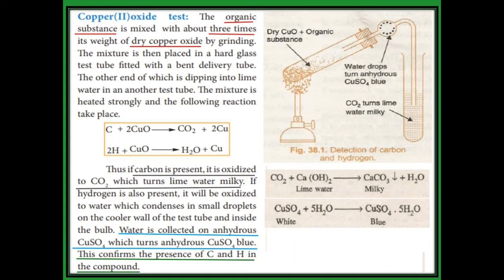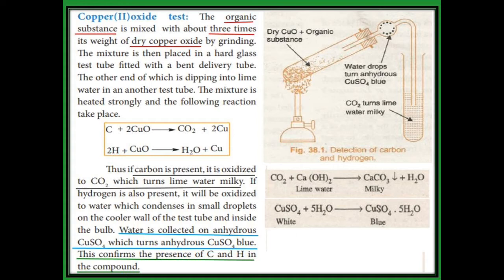See the diagram first. In that diagram, the test tube which is heated contains the organic substance, and three times dry copper oxide is mixed. Afterward, it is fitted with a delivery tube. In the middle of the delivery tube, there is one bulb. That bulb is filled with anhydrous copper sulfate, and the other end of the delivery tube is immersed in lime water.